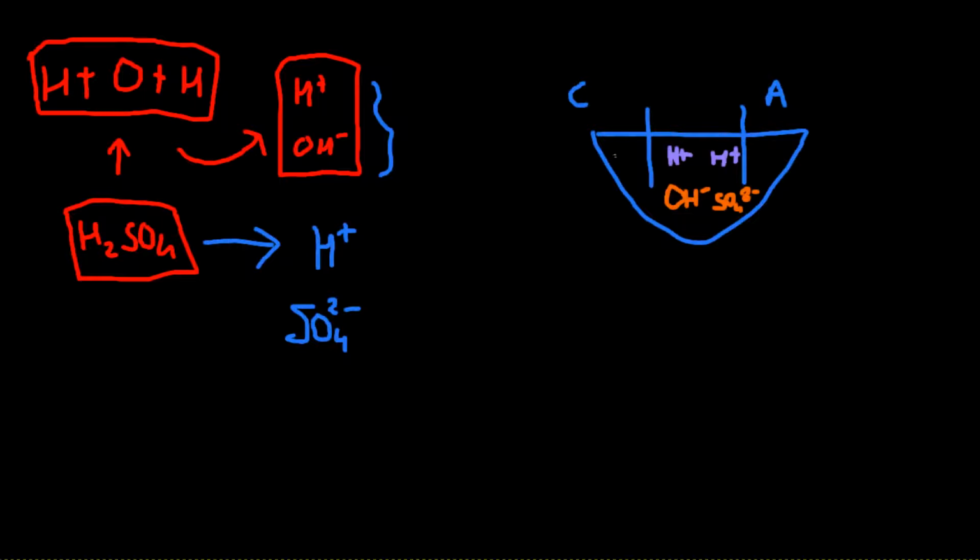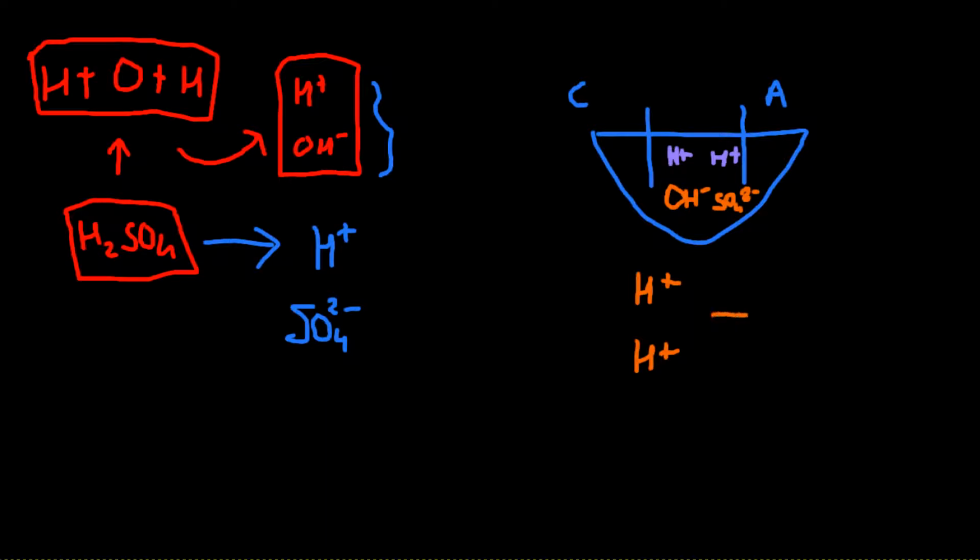So as you just learned the electrochemical series, you can tell which cation will get discharged at the cathode and which anion out of the two will get discharged at the anode. So let's take the cathode first. You have H plus and you have an H plus. So it's not rocket science which one will get discharged.